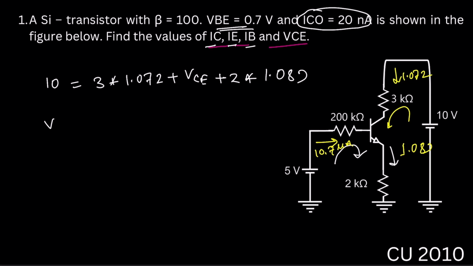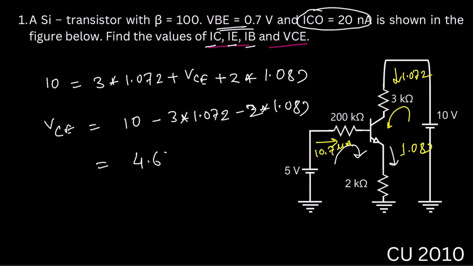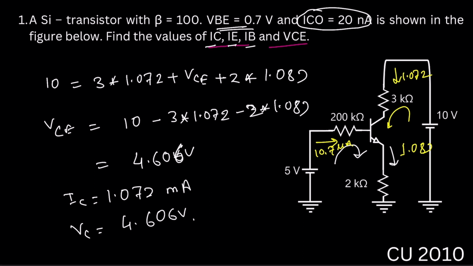From here we can get VC will be 10 minus 3 into 1.072 minus 2 into 1.089. This is equal to 4.606 volt. So the value of IC is 1.072 milliampere and VC is 4.606 volt.